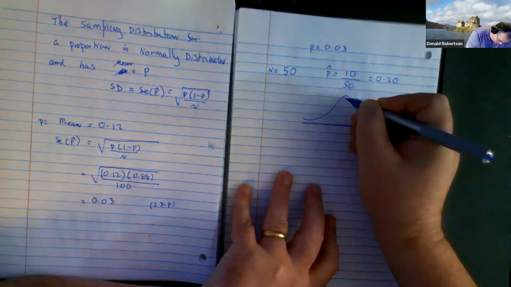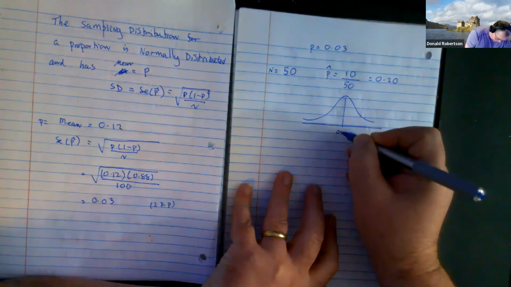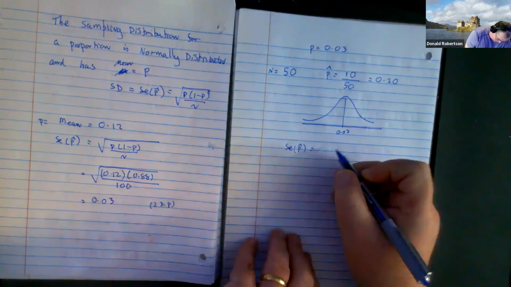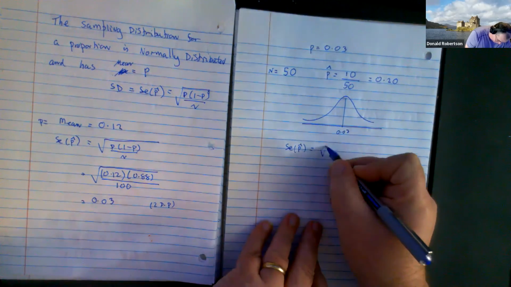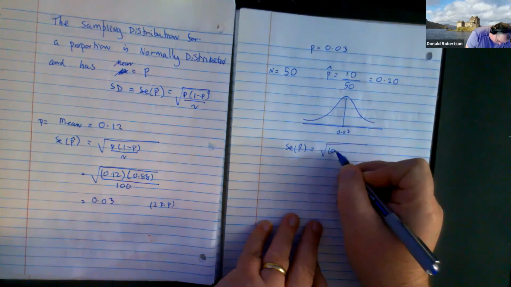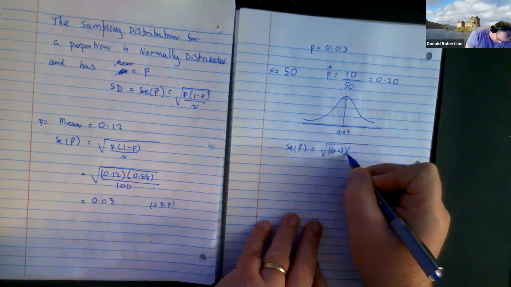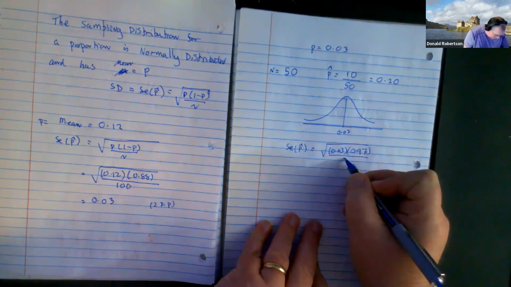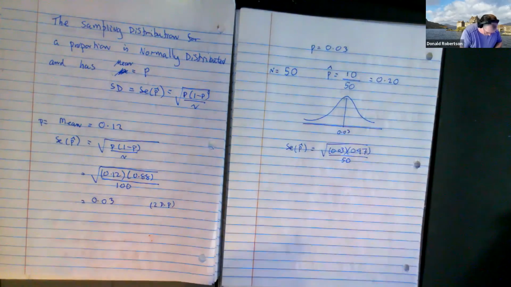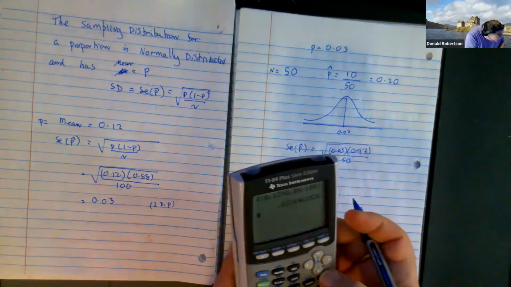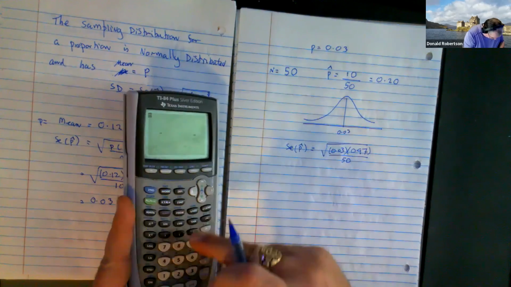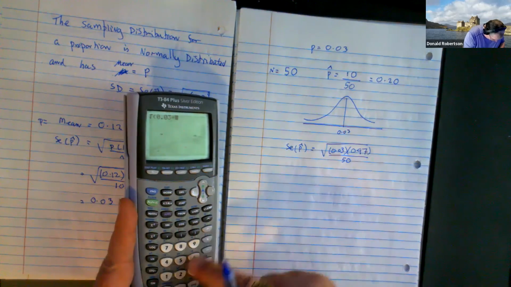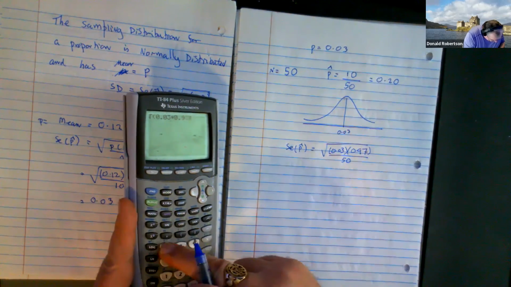We know this number is 0.03. I know what the standard error should be. It's the square root of p(1 minus p) divided by 50. So I'm going to go square root of 0.03 times 0.97 divided by 50.